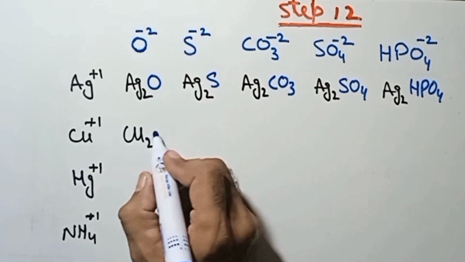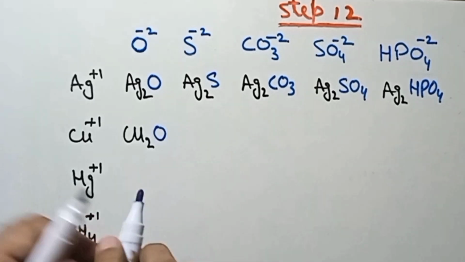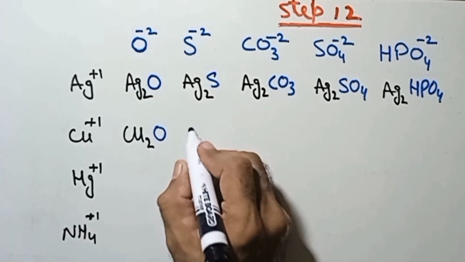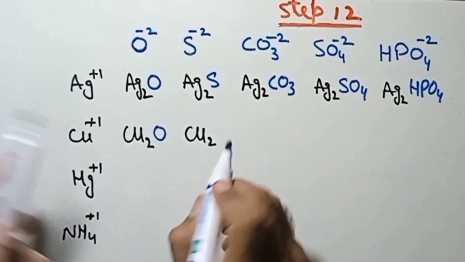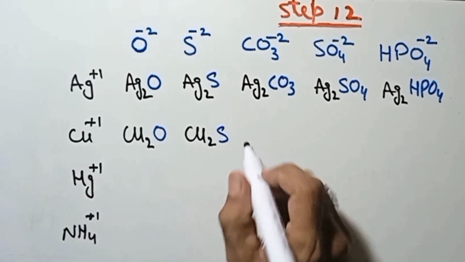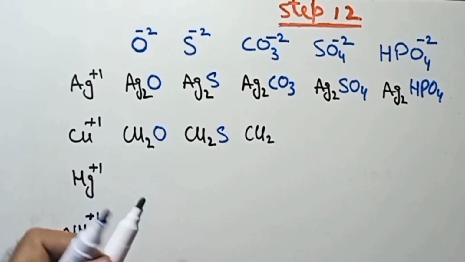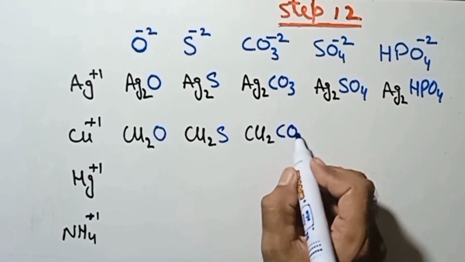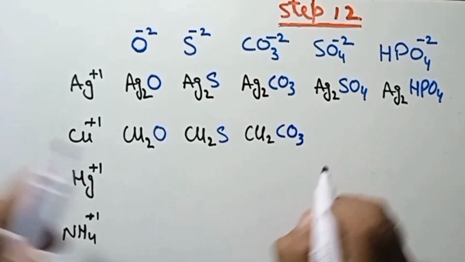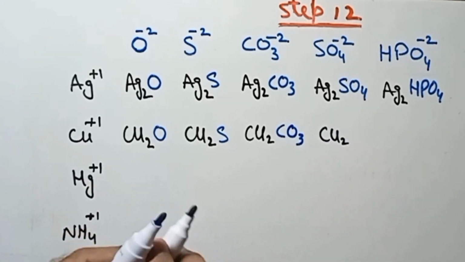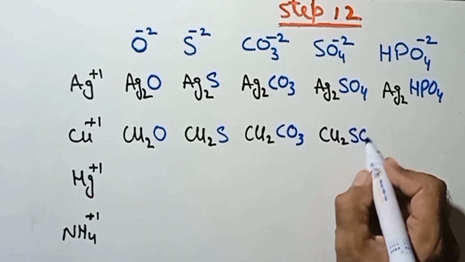For cuprous, Cu2O, cuprous oxide. Cu2S, cuprous sulfide. Cu2CO3, cuprous carbonate. Cu2SO4, cuprous sulfate.